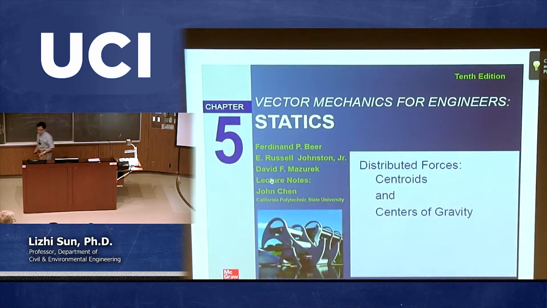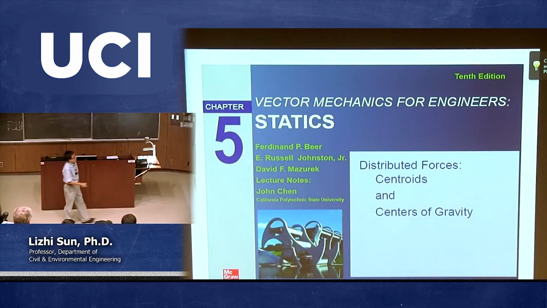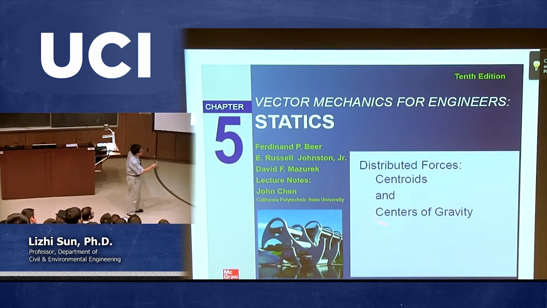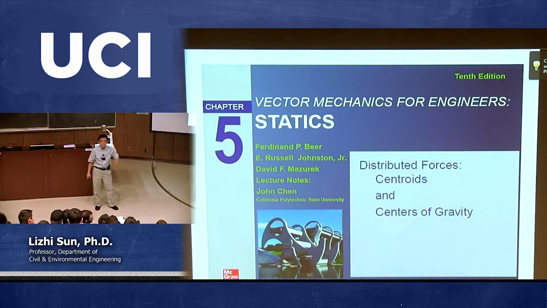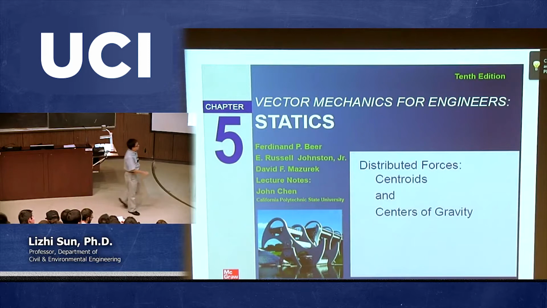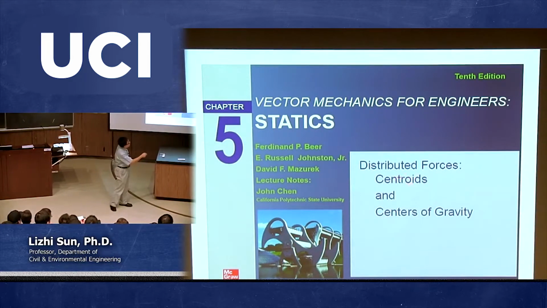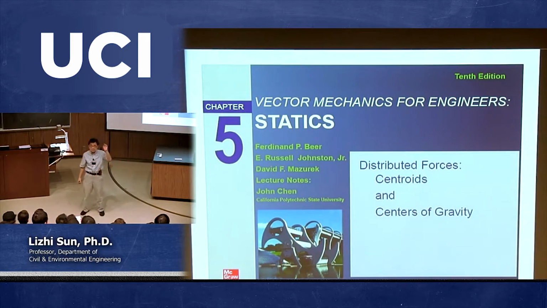Chapter 5 talks about basically 2 concepts, but you can combine those 2 together because the centroid of an area is always equivalent to the center of gravity. Our goal in this chapter is to calculate the center of gravity, but we just need to identify the centroid of that area because that's the same point as the center of gravity.